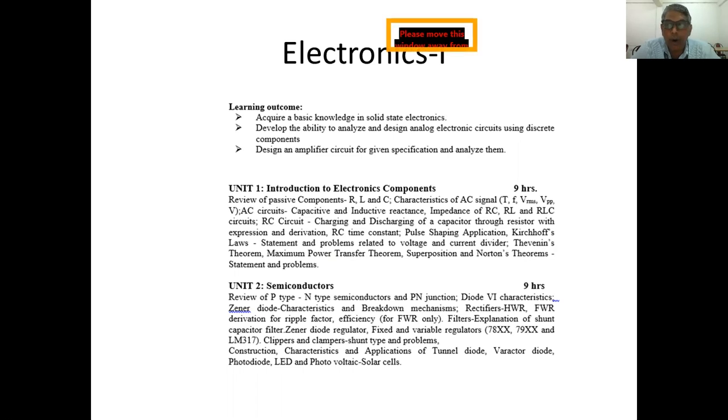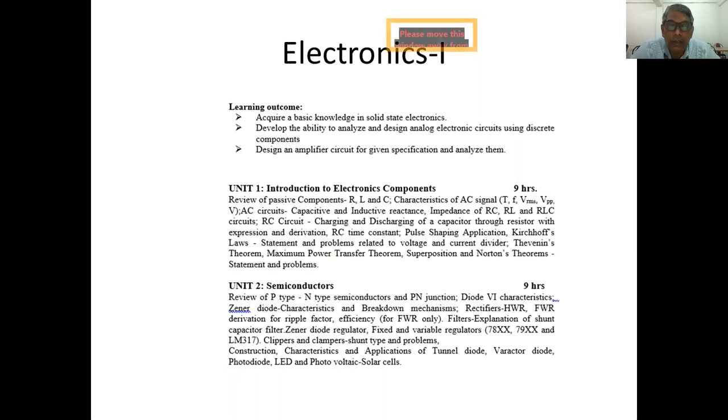Coming to Unit 1, introduction to electronic components. This is the fundamental concept you are going to study here, and it's about the components. As all of you are aware, resistors, inductors, capacitors, transistors, diodes, you might have heard about all this.